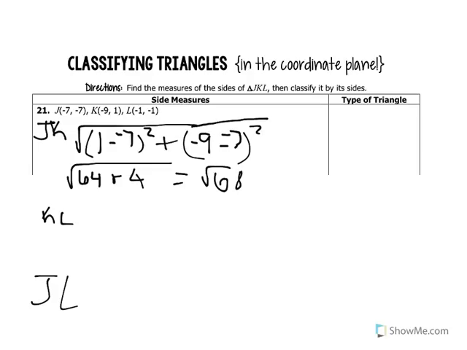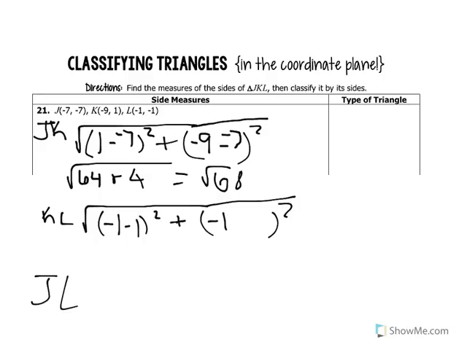For K to L, my distance formula is going to look like -1 minus 1, and then -1 minus -9. So first I would have 4, and then this will give me 64, which is going to be the square root of 68.